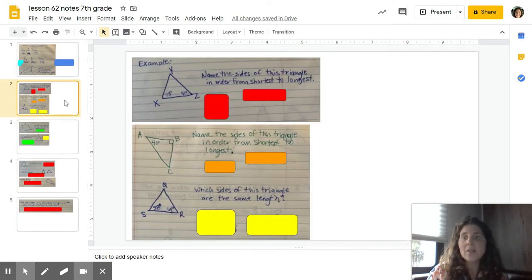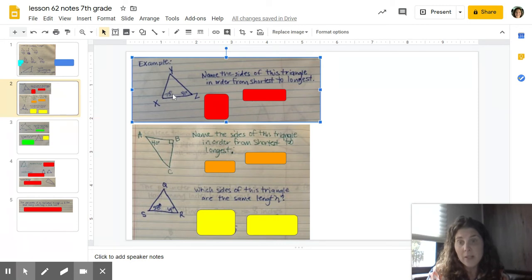Let's look at this first example. I'm asking you to name the sides of this triangle in order from shortest to longest. We need to look at the angles. We have angle 73 and this angle is 41. To compare all my sides, I need to know all my angles.